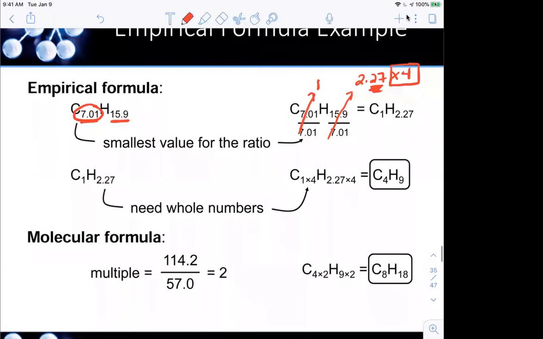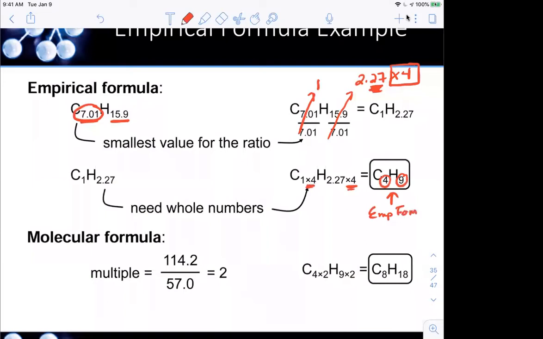So I'm going to take the values 1 and 2.27 and multiply them by 4. 1 times 4 gives me 4, and 2.27 times 4 gives me 9. So this is my empirical formula.